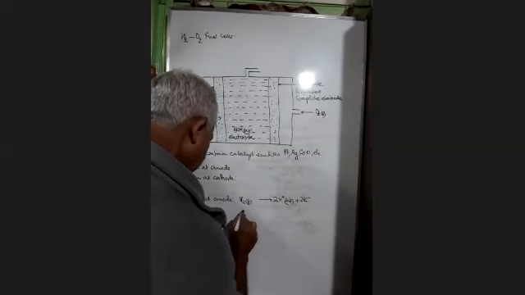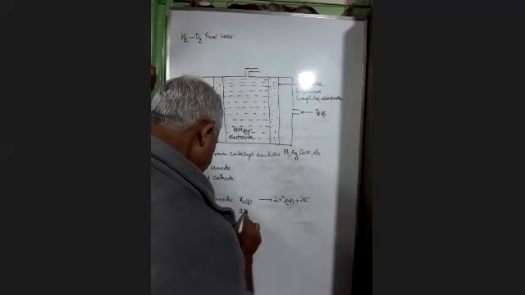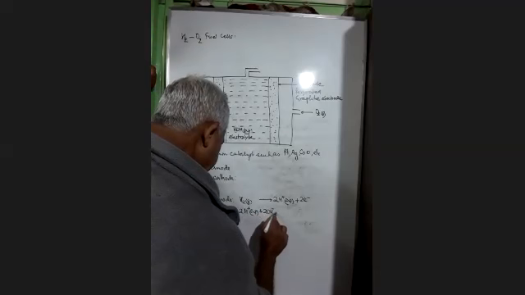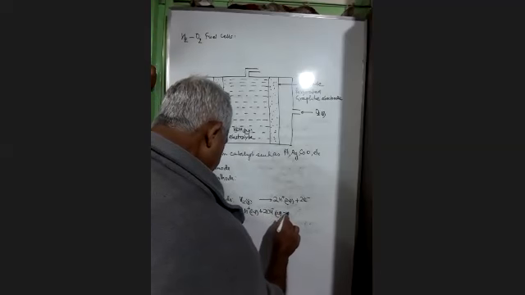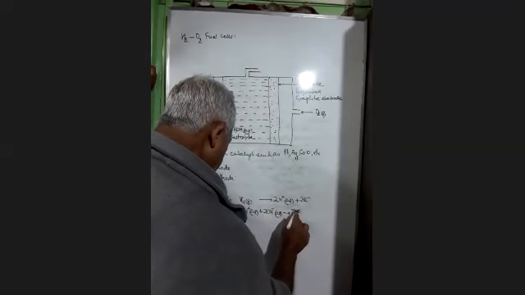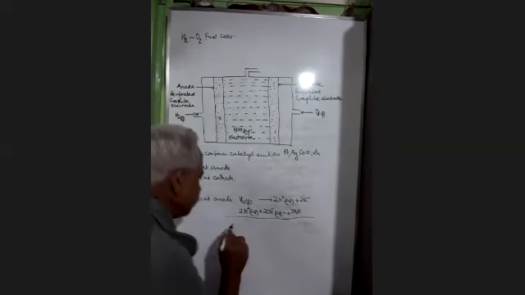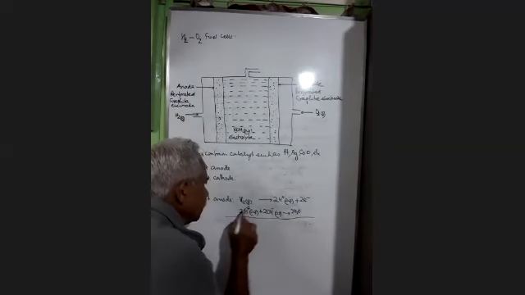What you have here? Hydroxide or no? What should I write now here? Immediately 2H plus aqueous will combine with 2OH minus aqueous to give you 2H2O. I'll write now this. So it will be, see this and this will cancel.